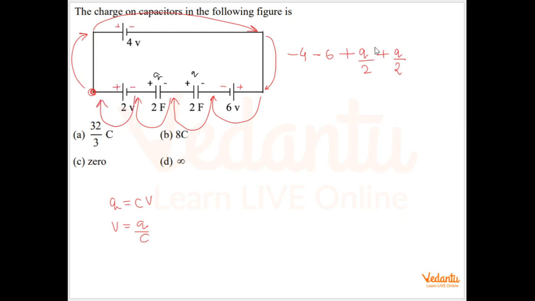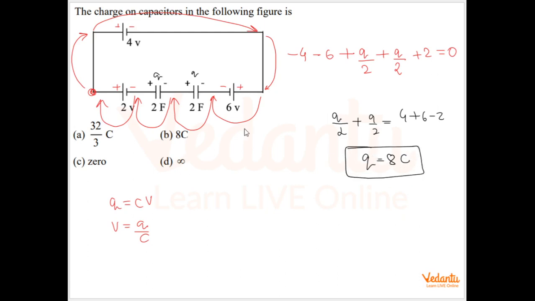I'm going from minus to plus, so I will add 2. Loop is complete. I will write equal to 0. Overall, I will get Q by 2 plus Q by 2 is equal to 4 plus 6 minus 2. Q will just be equal to 8 coulombs. So option B will be the correct answer.